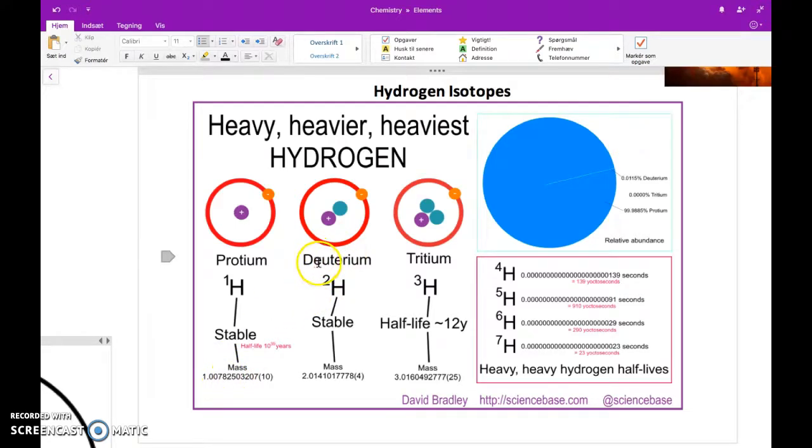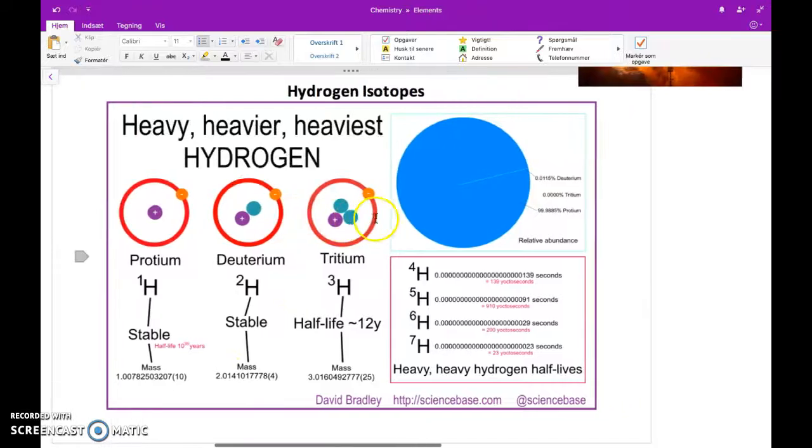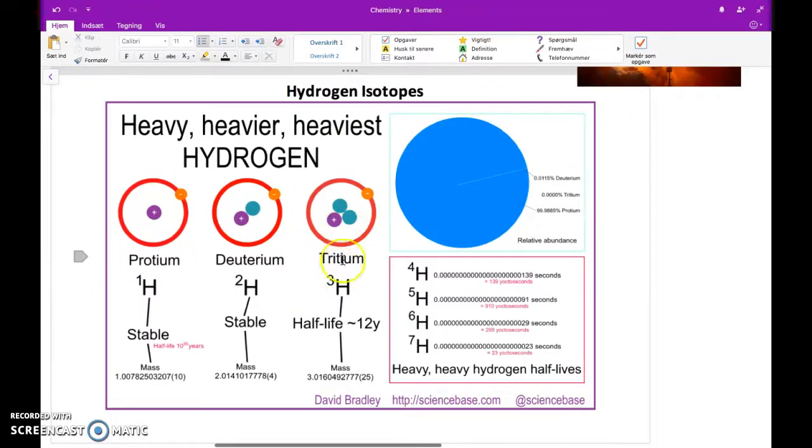Here you have deuterium, which has 1 proton in its nucleus and 1 neutron, and also, of course, 1 electron. And this has double the mass of this one since it has 2 units, because the neutron weighs a lot. And tritium has 2 neutrons and only 1 proton and 1 electron. And of course, they all have 1 proton since that's what makes it a hydrogen atom.